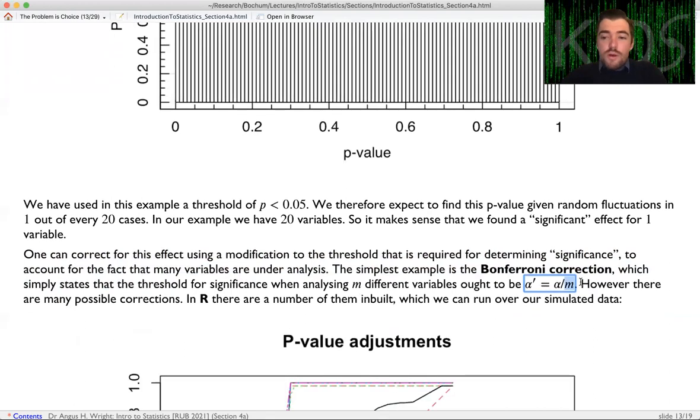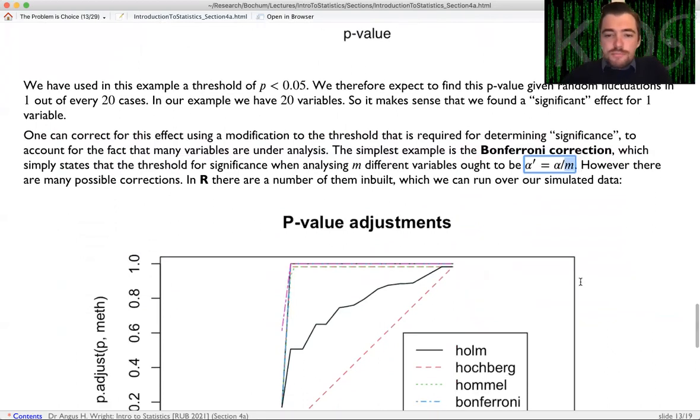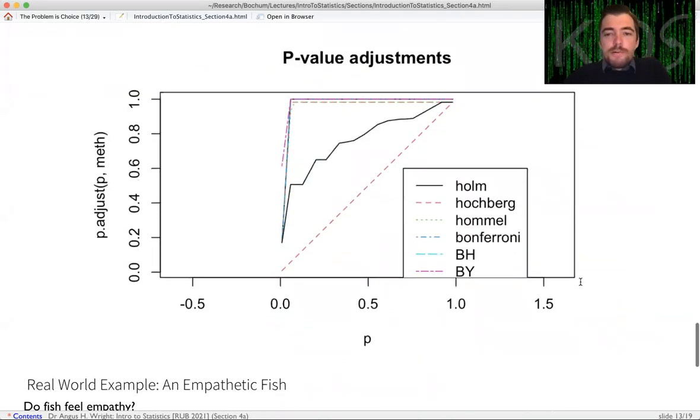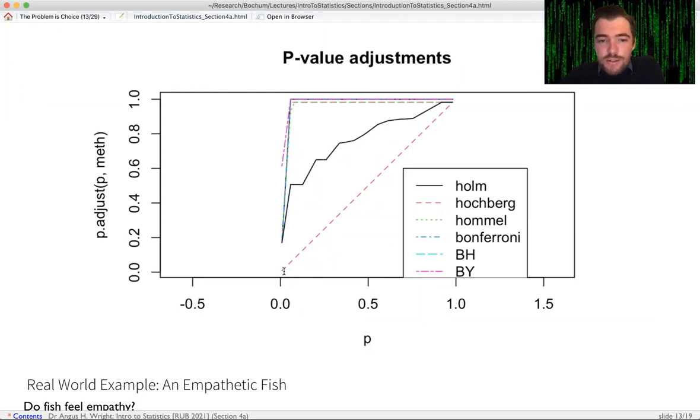There are actually lots of different ways that you can do these corrections, and I'm showing you a couple of them here in R. Sorry, the box has been truncated here. I'll fix that. But the dashed red line that you can see here is the no correction to my p-values. And so I have some p-values that have a p of less than 0.05, and that was variable 17.